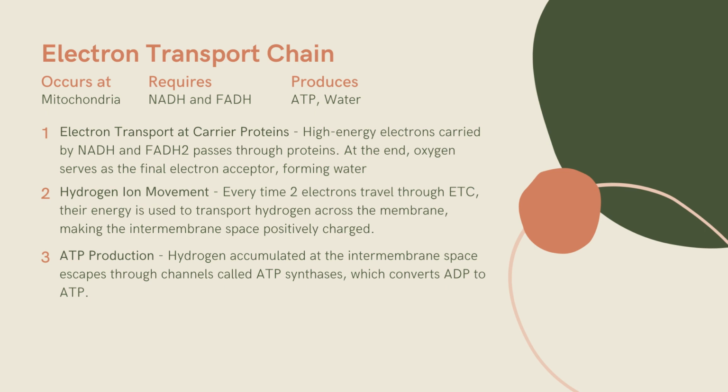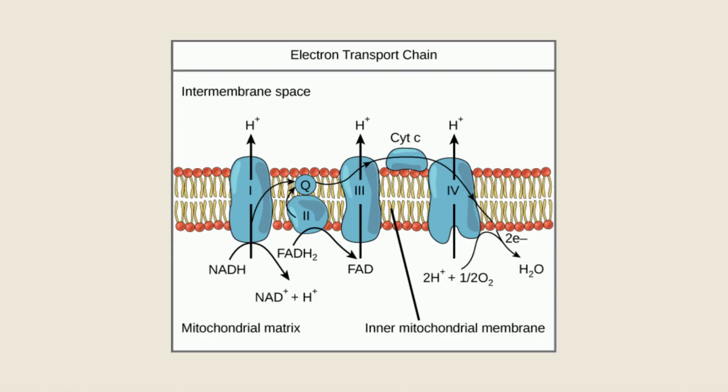Every time two electrons travel through the ETC, their energy is used to transport hydrogen across the membrane, making the intermembrane space positively charged.